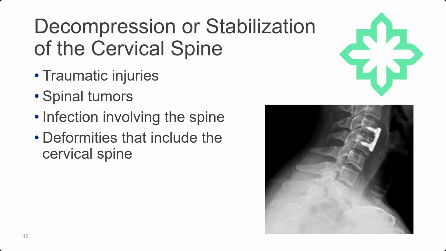Cervical fusion is considered reasonable and necessary for the decompression of the symptomatic cervical canal stenosis when the following are met. So there's been traumatic injuries, there are spinal cord tumors, there's infection involving the spine, or deformities that include the cervical spine. So let's break these up a little as well.